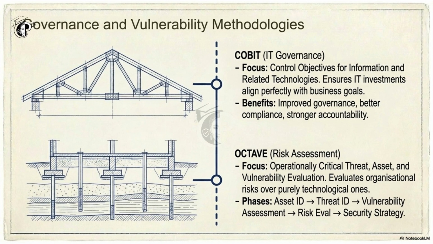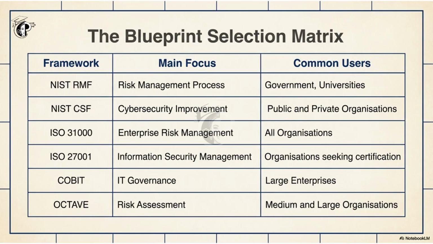It evaluates organizational risk over purely technological ones, and the phases are stated on the screen. So on the screen, you should see the blueprint selection matrix. Depending on what your focus is, that is what will determine the kind of framework that you are supposed to use. I'm just going to leave it about 2 seconds so you could quickly look at them. There are about 6 of them on your screen.